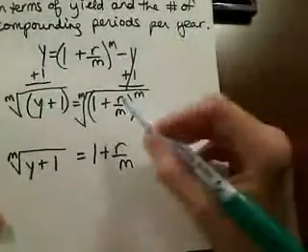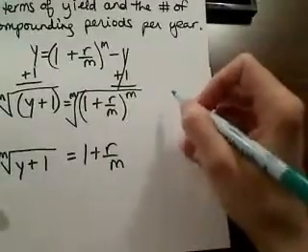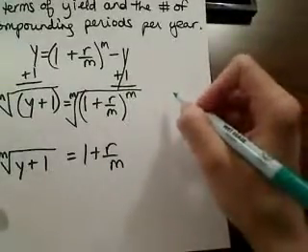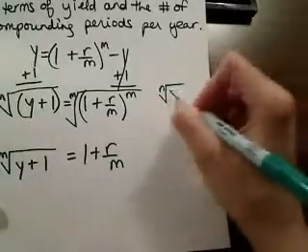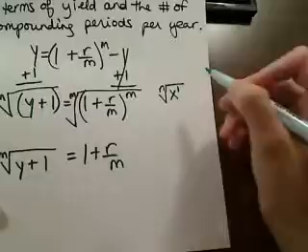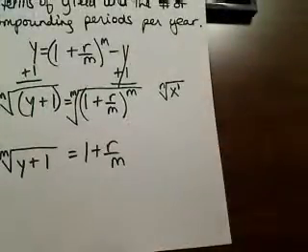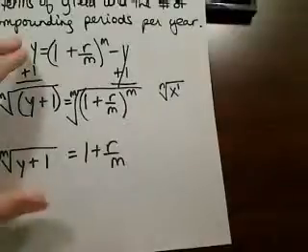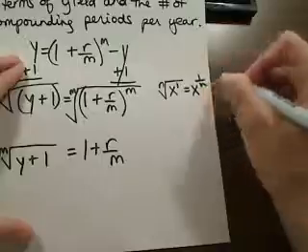And this, as a reminder, is because our exponent rules say that when we have fractional exponents, if I just have x, the nth root of x to the first, this would be equal to x to the 1 over n.